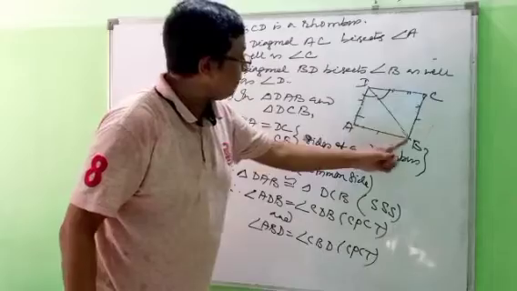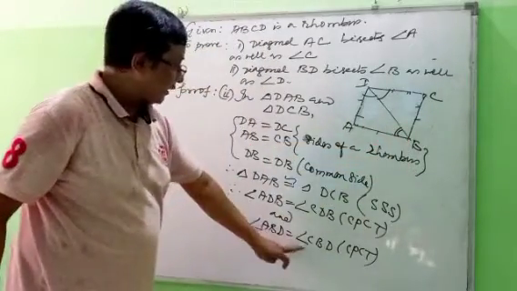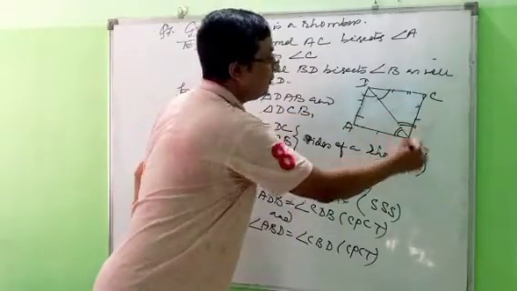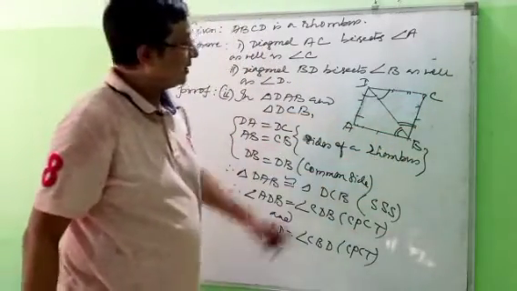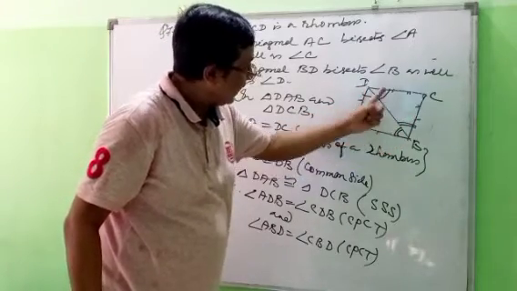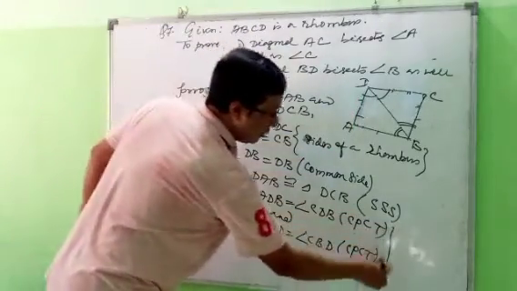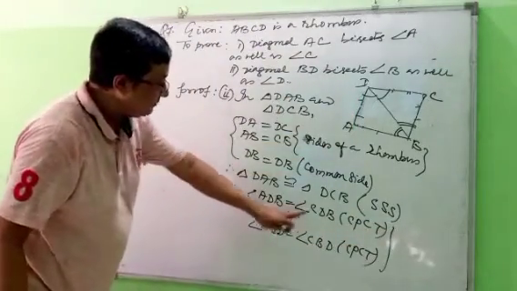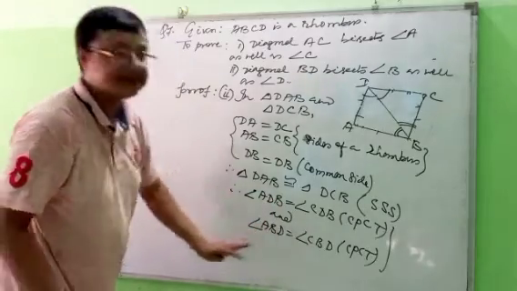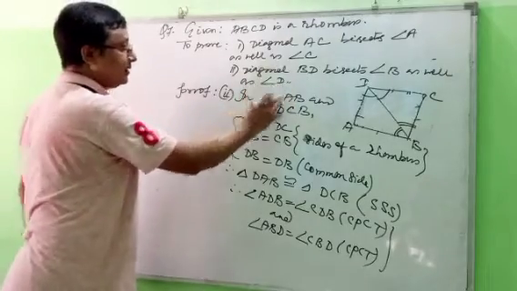So this angle equals angle CBD, so these two angles are also equal. Thus, DB bisects angle B and angle D as well. So from these two, diagonal BD bisects angle D and diagonal BD bisects angle B. Thus, the diagonal BD bisects angle B as well as angle D. So it is proved.